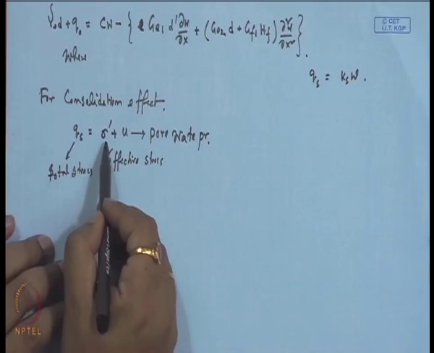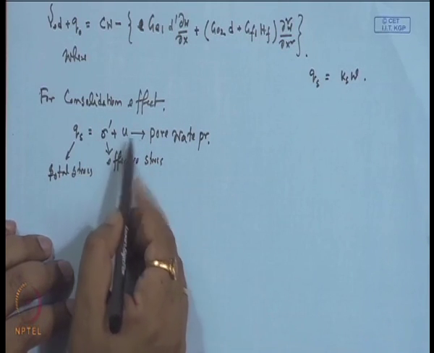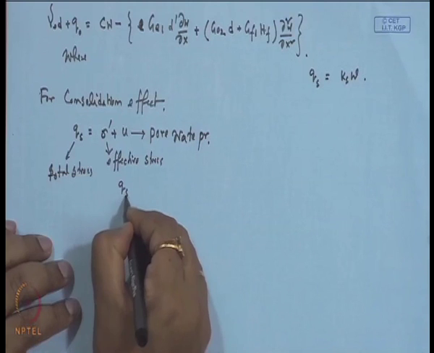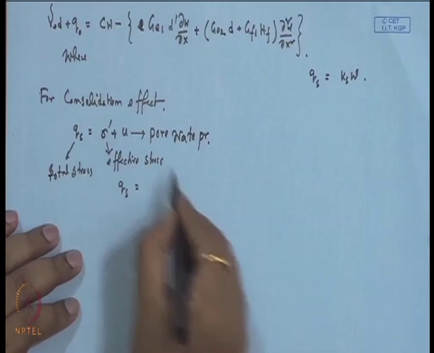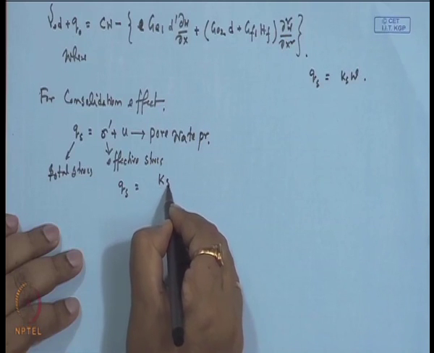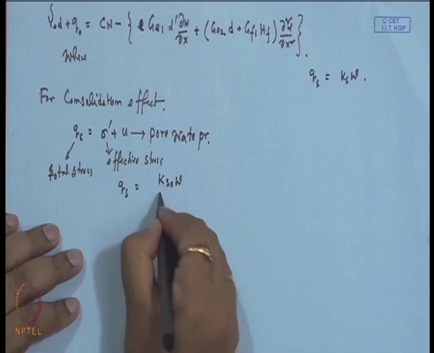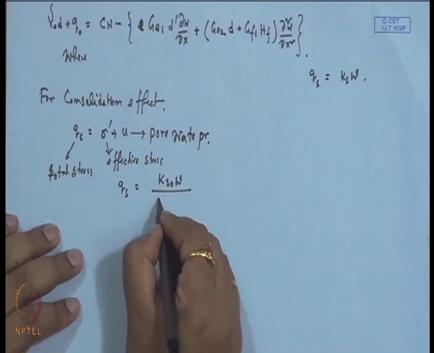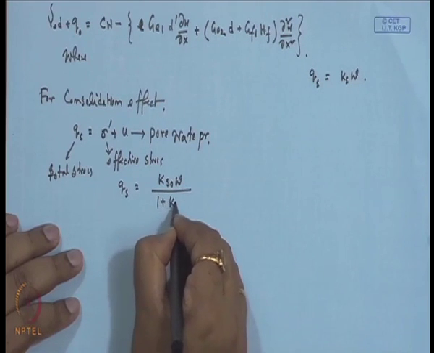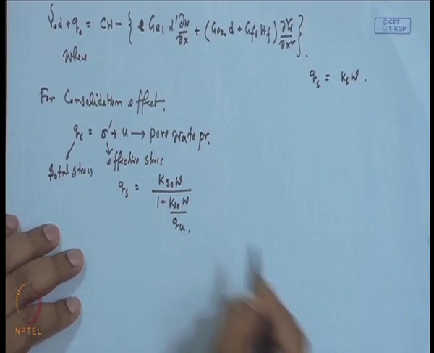This effective stress is taken by the spring itself, and then the pore water pressure. So, in case of q s, if the effective stress is taken by the spring, and I consider the spring non-linear, then sigma bar dash q s is equal to del q 1 plus k s 0 W q u.